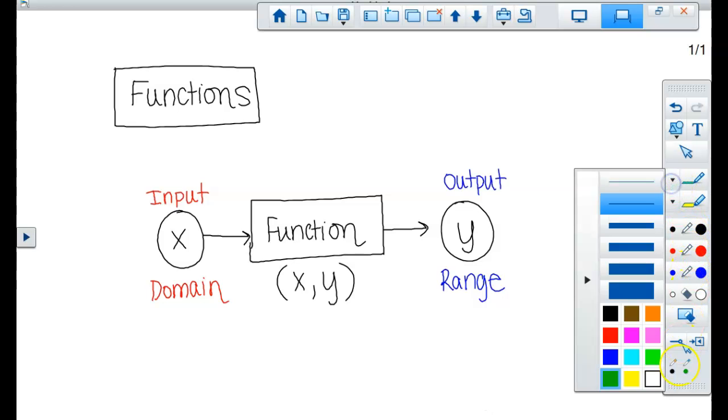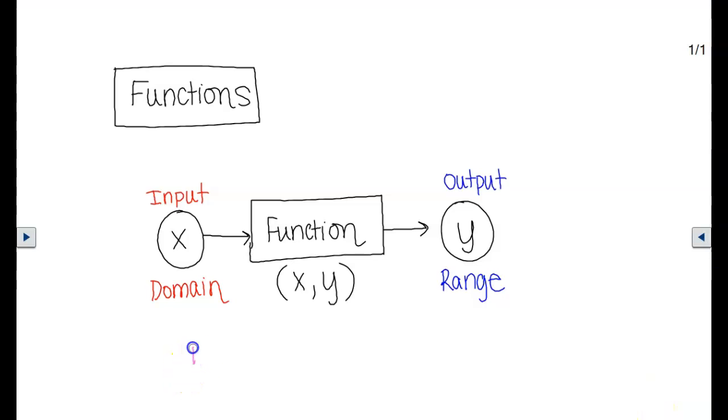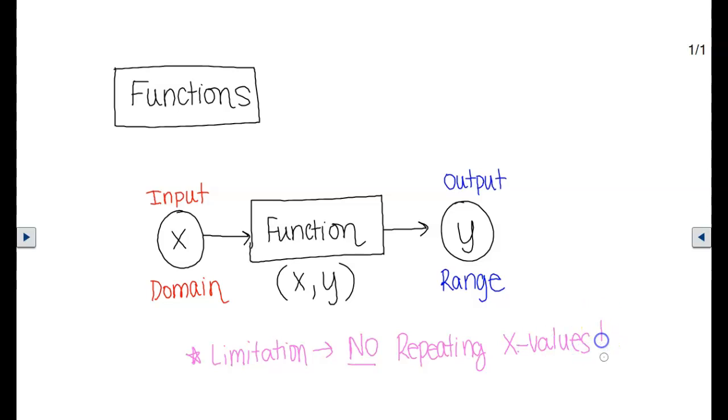And one last pretty important thing that we've talked about is that for a function, there is a limitation. That limitation is that in a function we can have no repeating x values.